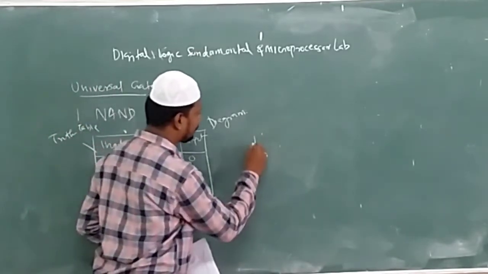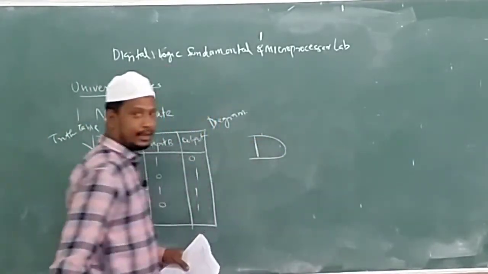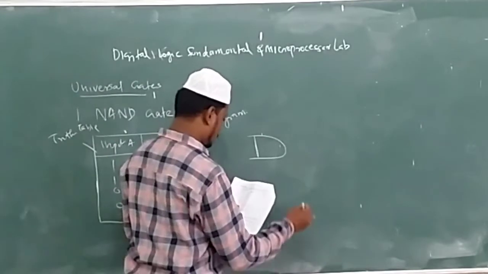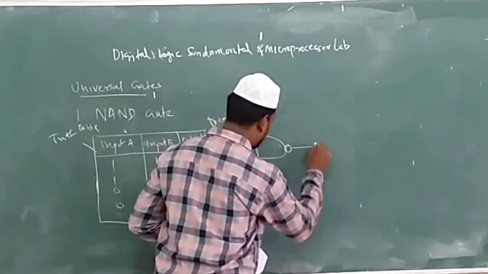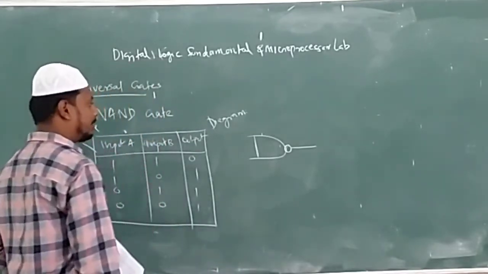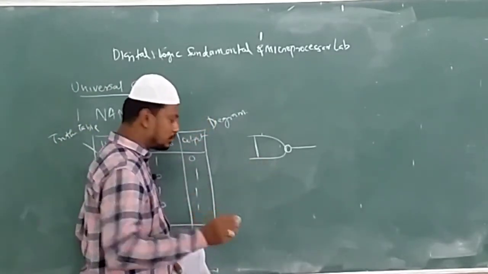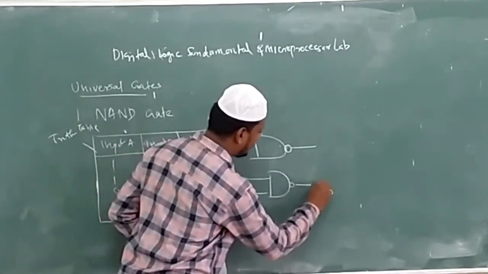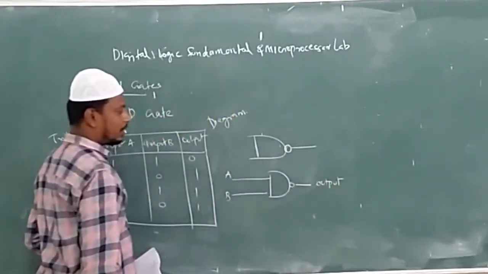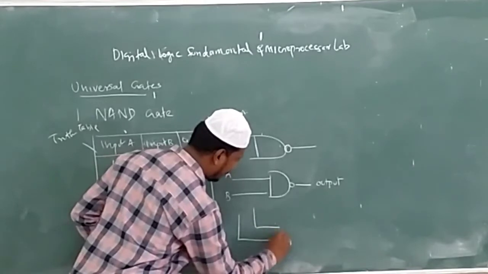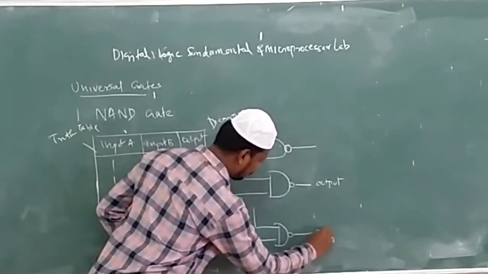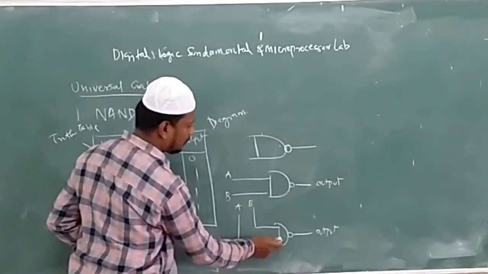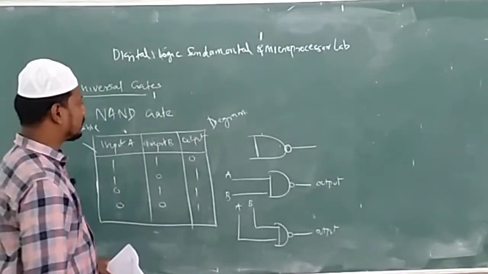You already understand the NAND gate, and this is the NAND gate symbol. After that, we can use the simulation, for example A and B giving the simulator output. Another simulator example: this is the A value, the B value, and the NAND gate symbol with the output.